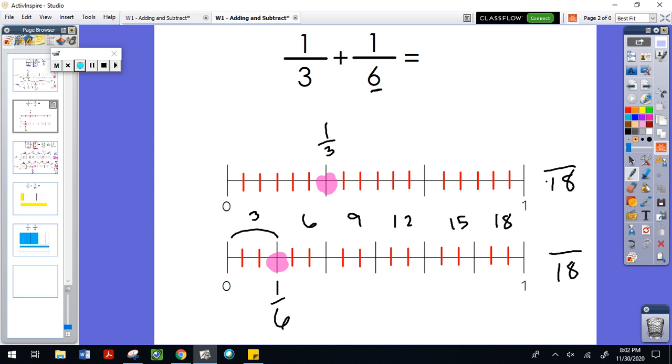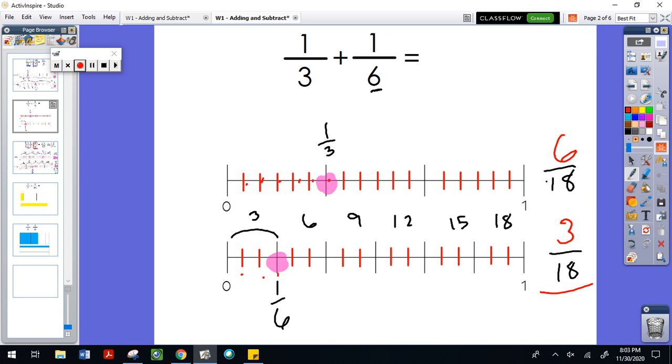All right, so now we need a numerator for each one. So if we look, this is 1, 2, 3, 4, 5, 6. So that gives me 6/18. Then, if we look at the other one, the numerator is going to be 1, 2, 3. 3/18.